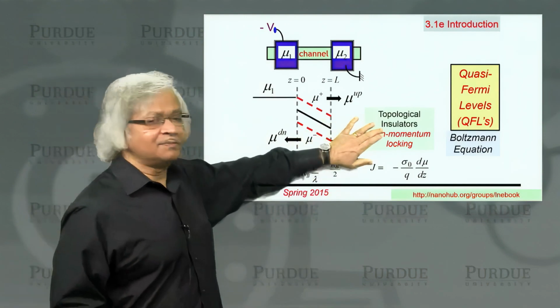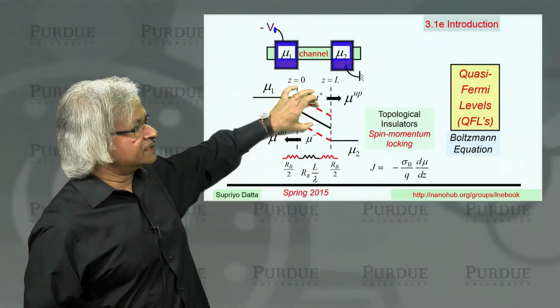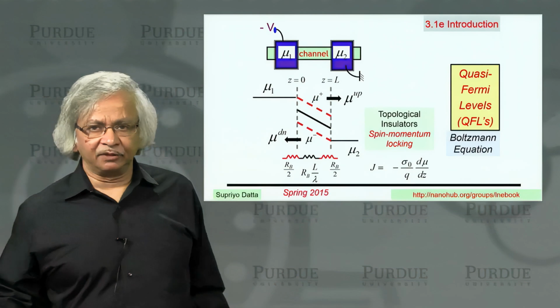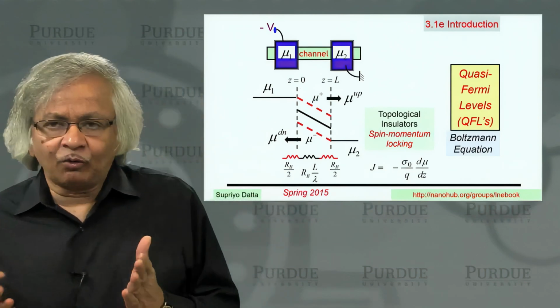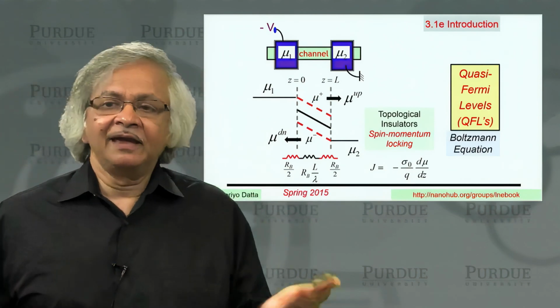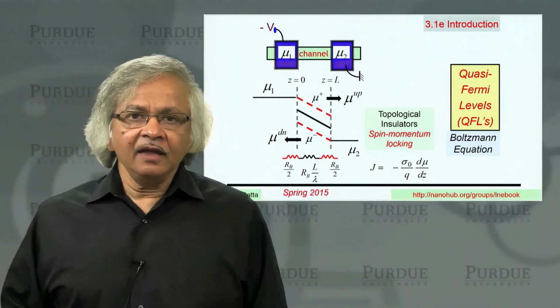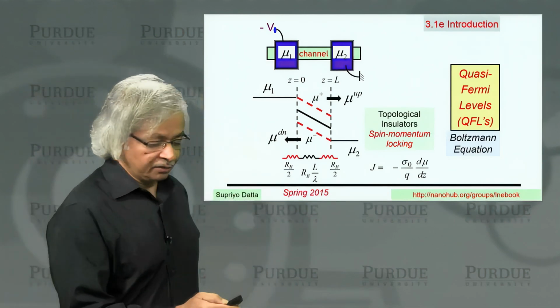But what happens in these materials is that this difference also shows up as a spin potential, that is, as a difference in the quasi-Fermi levels for up spin and down spin.